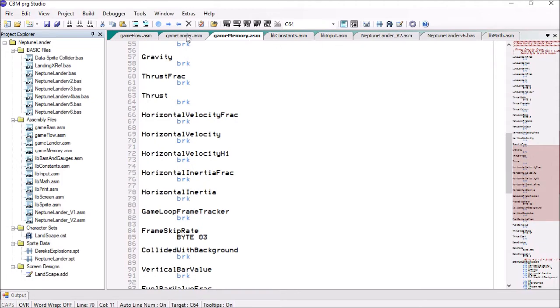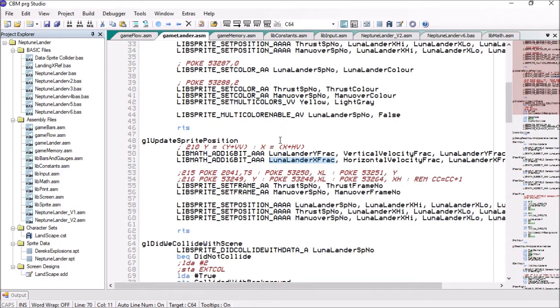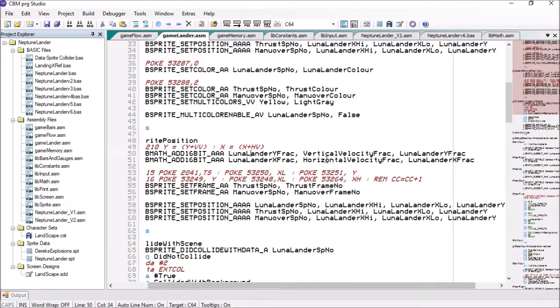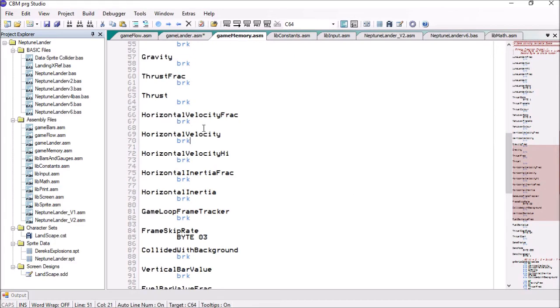Right, so we need to go back to where we do our maths, which is here, and we're just going to do exactly the same, but we're only doing it on here. 24. So the x fraction with the velocity fraction. Yeah, that's what we're looking at.